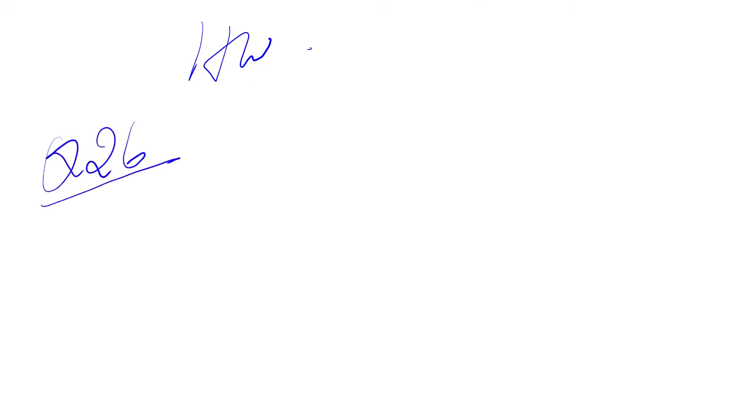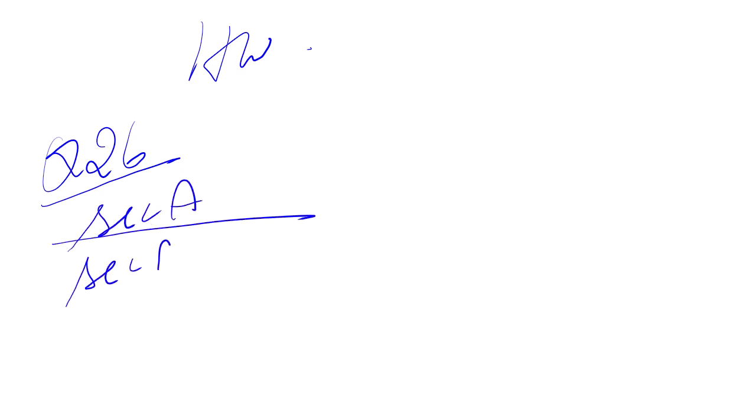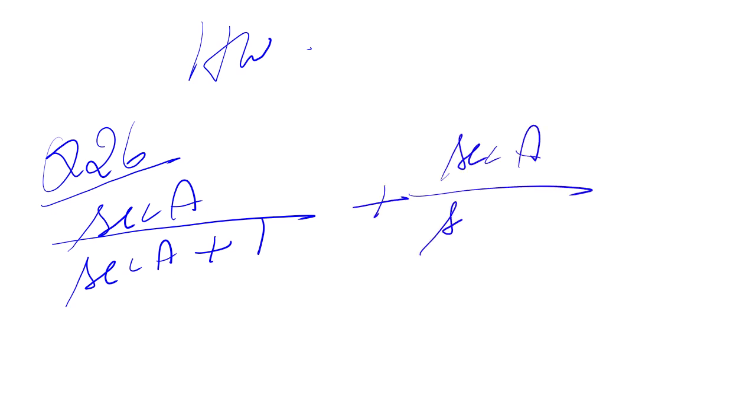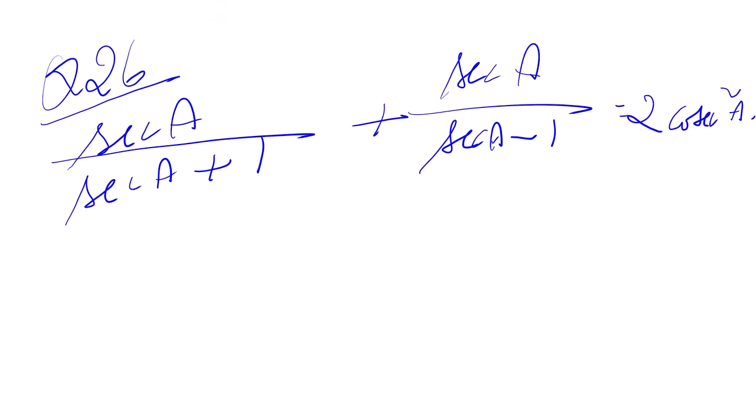Now homework for you. Question 26. Sec A upon sec A plus 1 plus sec A upon sec A minus 1 is equal to 2 cosec square A, a similar one.